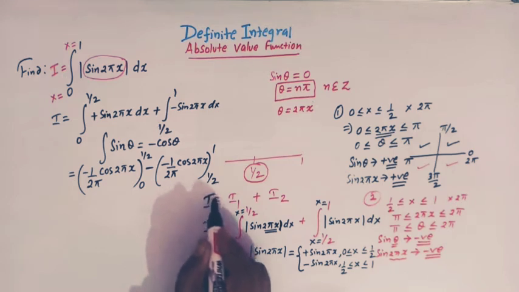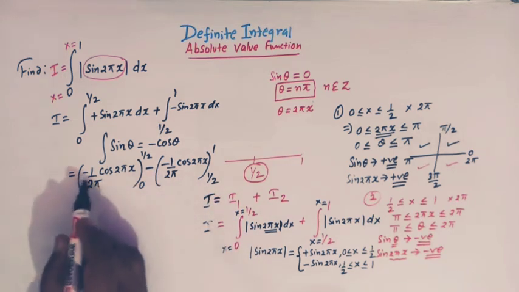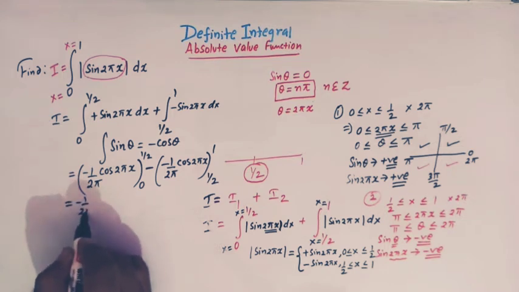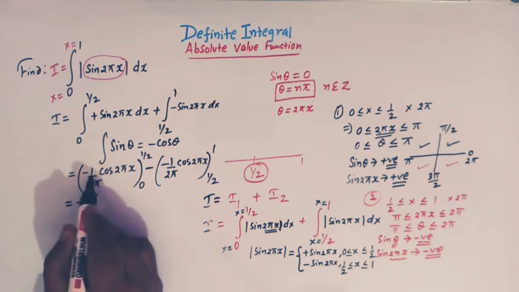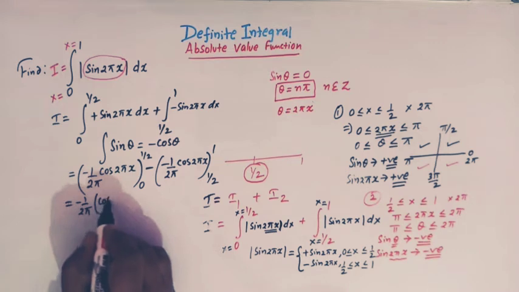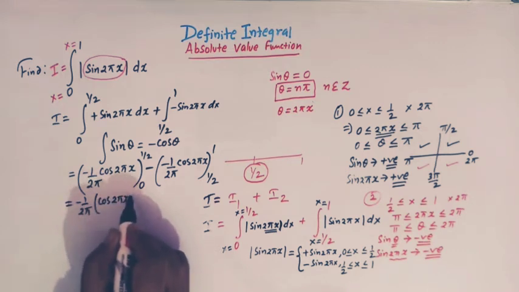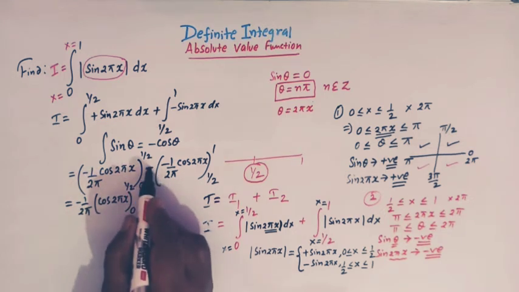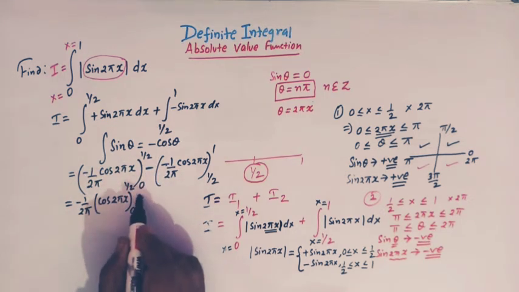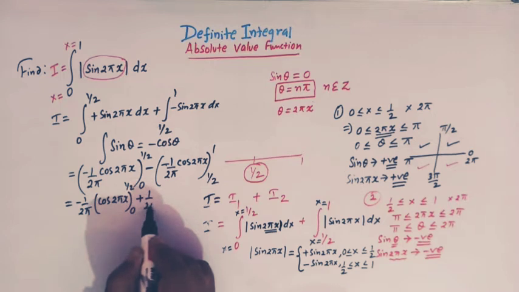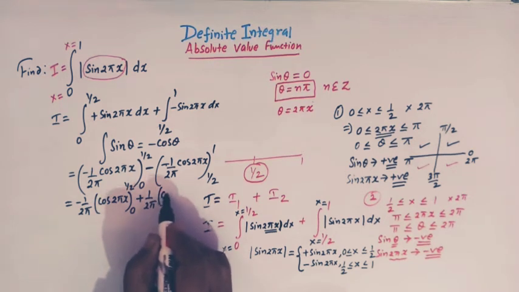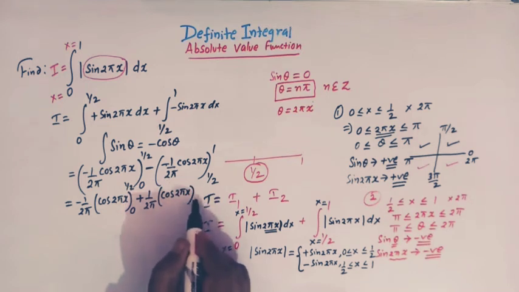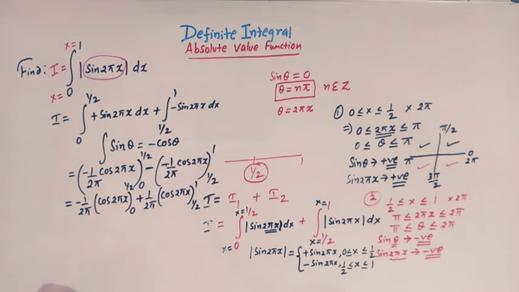Now we can further simplify it. We take minus 1 over 2 pi outside, with cos 2 pi x and limits from 0 to half, and here minus and minus becomes plus, so we have plus 1 over 2 pi times cos of 2 pi x, with limits from half to 1.